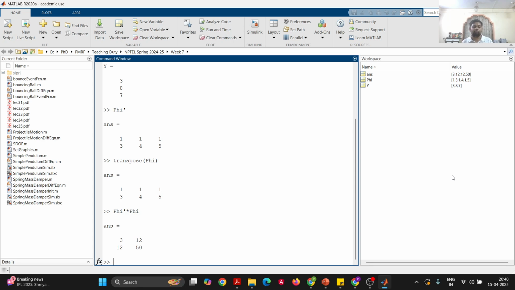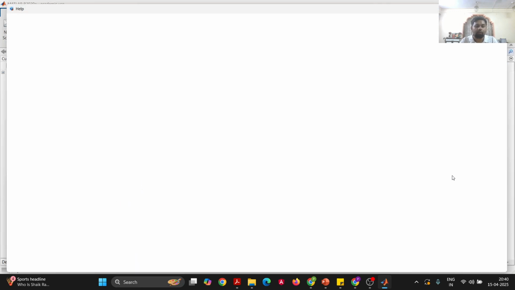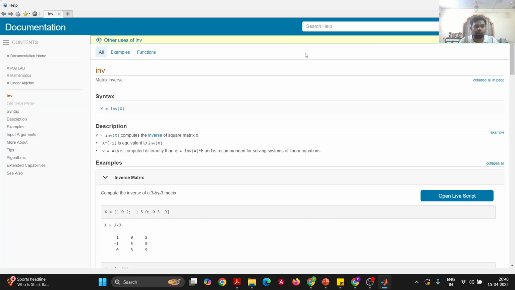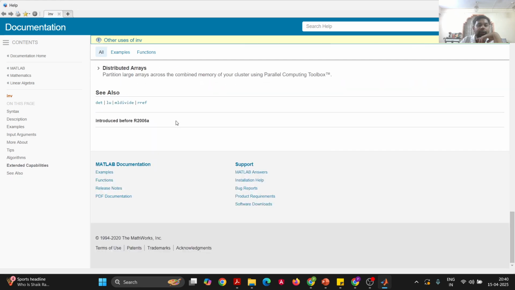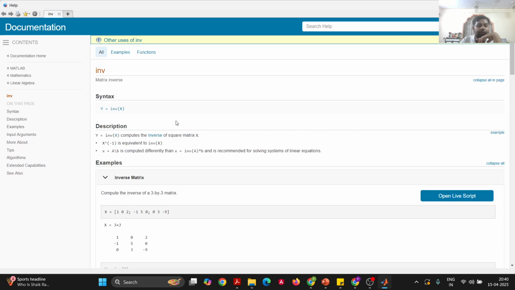And to take the inverse, we can use the command inv. So we can use this command inv to compute the inverse.